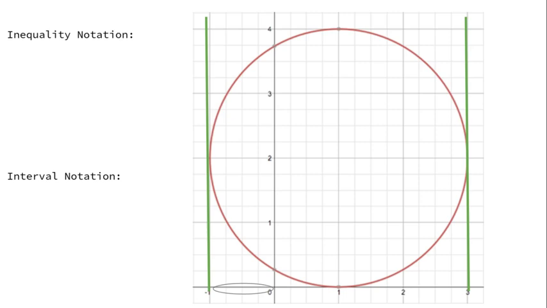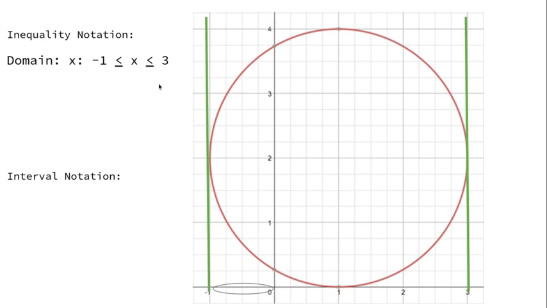And so that is why we write our domain as an inequality, because our circle exists everywhere from -1 to +3. Now, -1 is part of our circle because our circle touches at -1 and our circle touches at +3. So when we write that inequality, we're going to say -1 is less than or equal to x, which is less than or equal to +3.